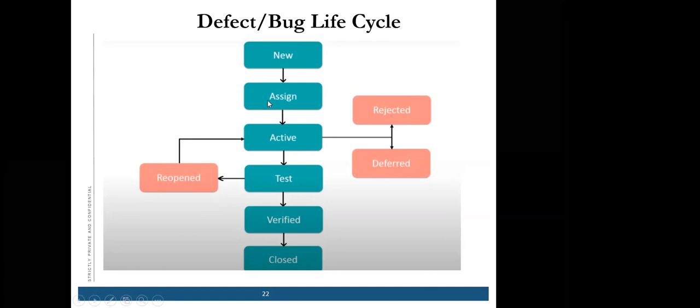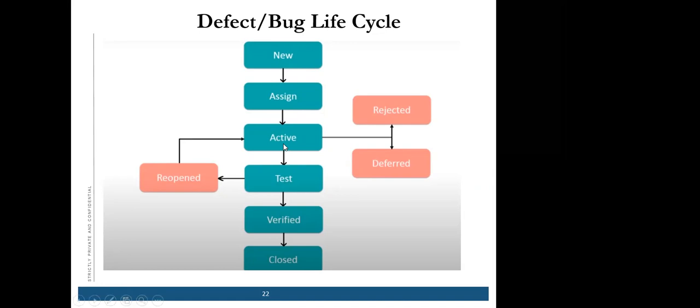If the developer says that yes, it's a bug and it is a deviation between the actual result and the expected result, then the bug will be active. Once the developer approves that yes, this is a mistake and the defect which the tester has found is correct, they make this bug active.